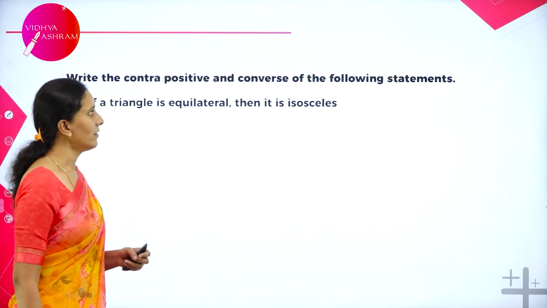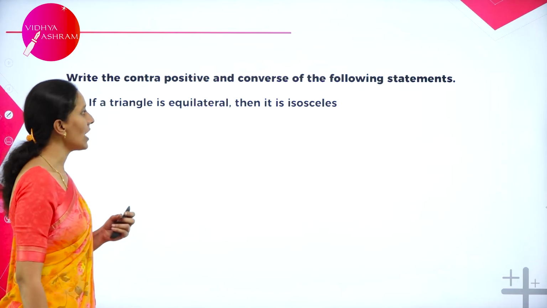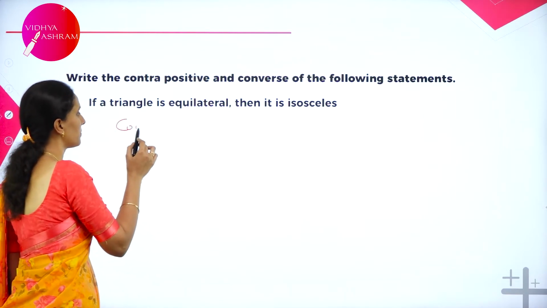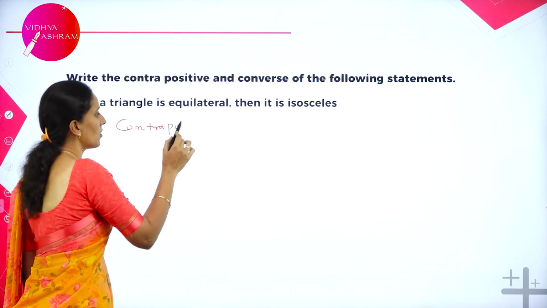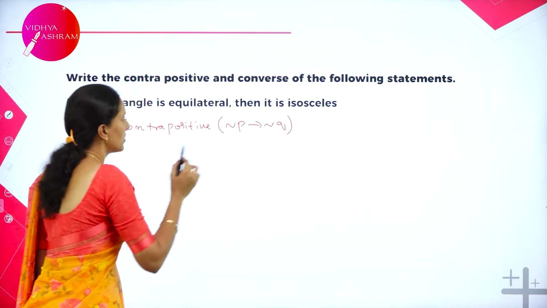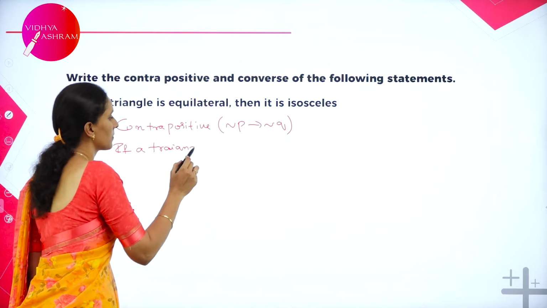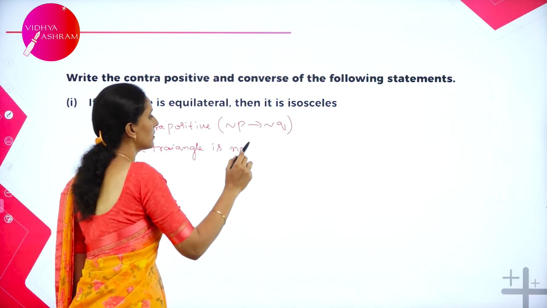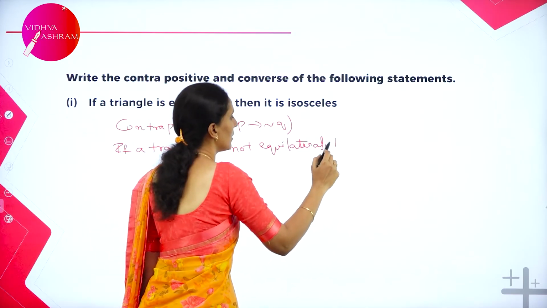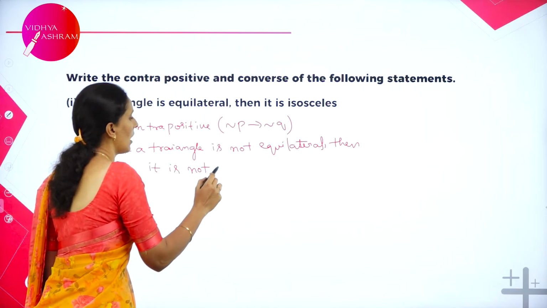Write the contrapositive and converse for the following statements. The first one is, if a triangle is equilateral, then it is isosceles. Let's write the contrapositive. Contrapositive means you have to negate both statements. If a triangle is not equilateral, then it is not isosceles.